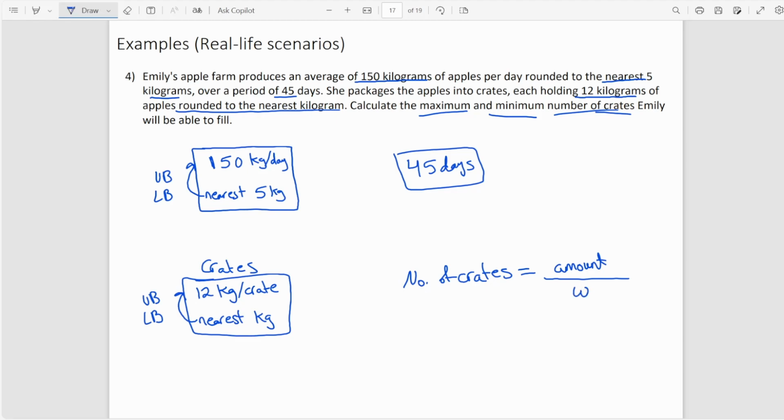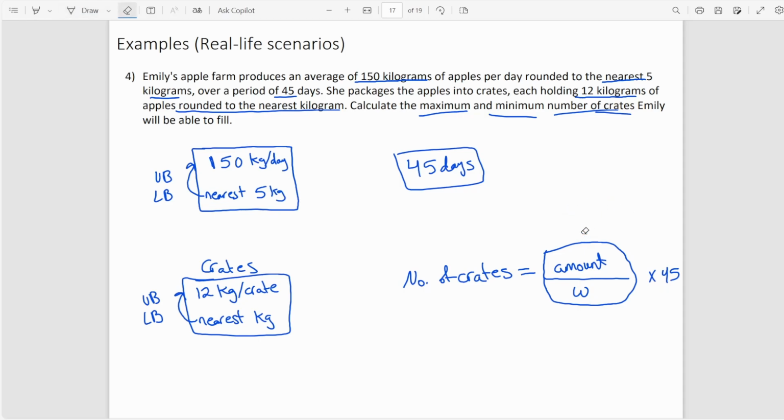So by the weight, okay? And then we will multiply the result by 45. This right here will give us the crates per day.